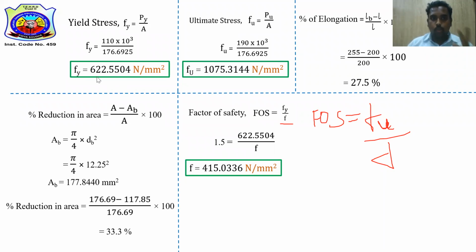If you have two values, Fy and Fu, then you are supposed to use Fy. If you have only Fu, then you are supposed to take Fu. There is no other alternative. If you have both, then you are supposed to take Fy. On substitution, I'll get the value of F.